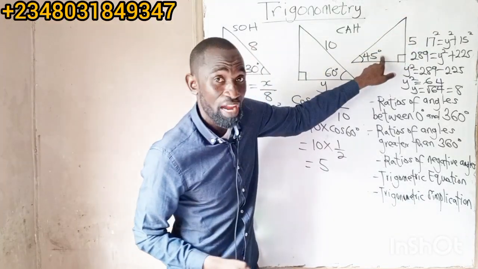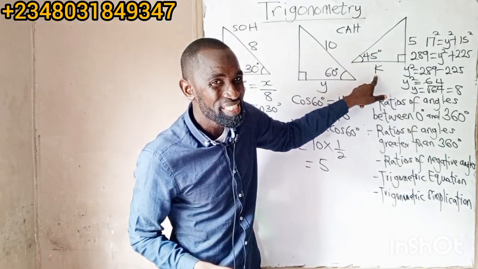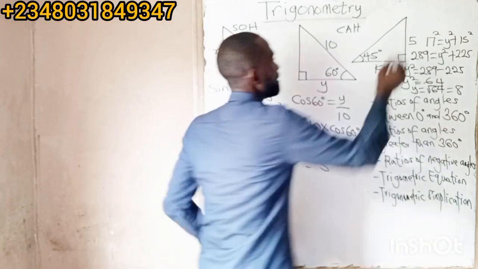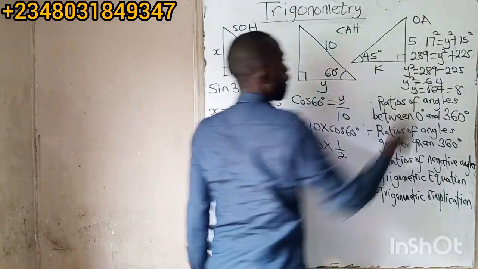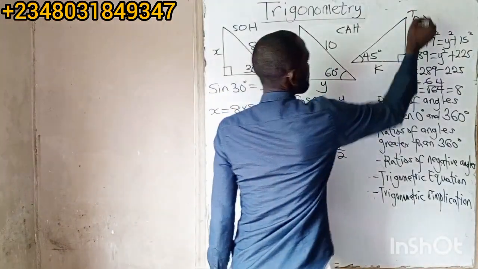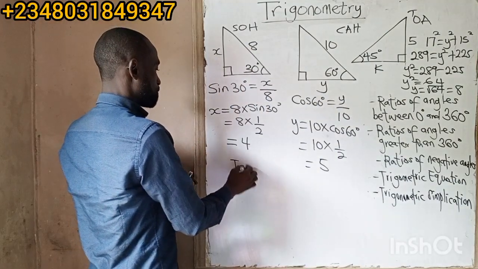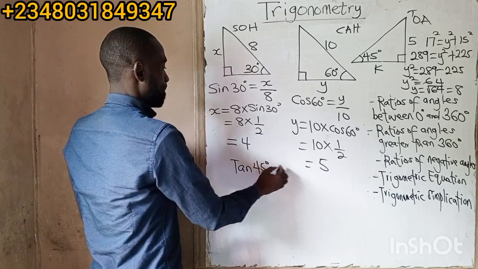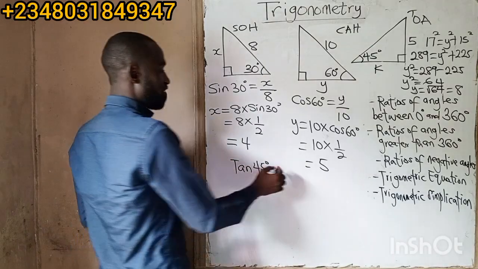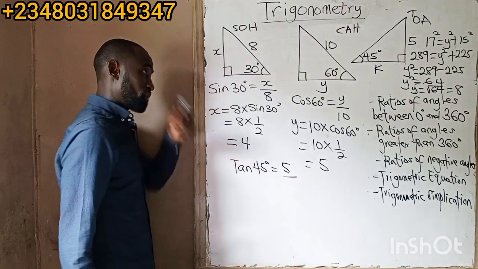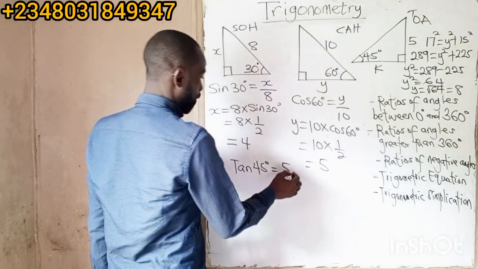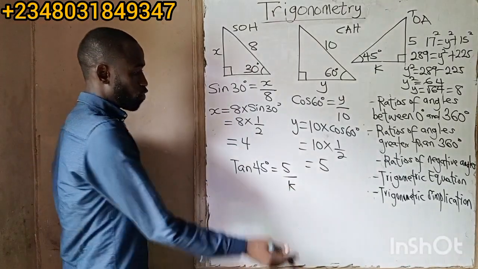For the third one, 5 is the opposite to 45. Then k is the adjacent. So I'm having opposite and adjacent. So what do I need to complete this? I will use tangent. So we are saying tan 45 for the third one. What is tan? Opposite, 5, all over adjacent, which is k. So what's the next thing? We'll cross multiply.